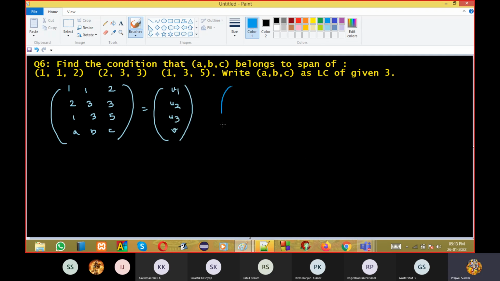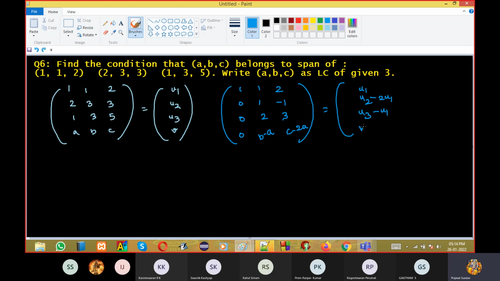Now what do you want to do? I'm not writing the operation I'm performing, I'll just reduce it. This will be equal to U1, U2 minus 2U1, U3 minus U1, V minus A times U1. And what you will do: 1, 1, 2, 0, 1 minus 1, 0, 5.